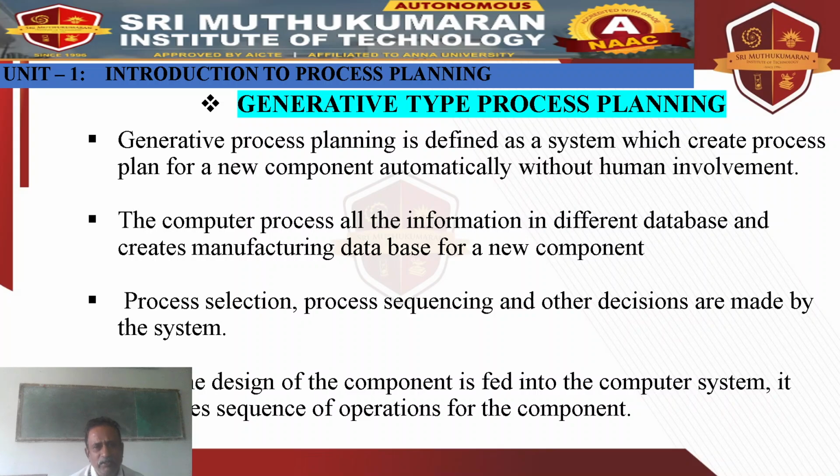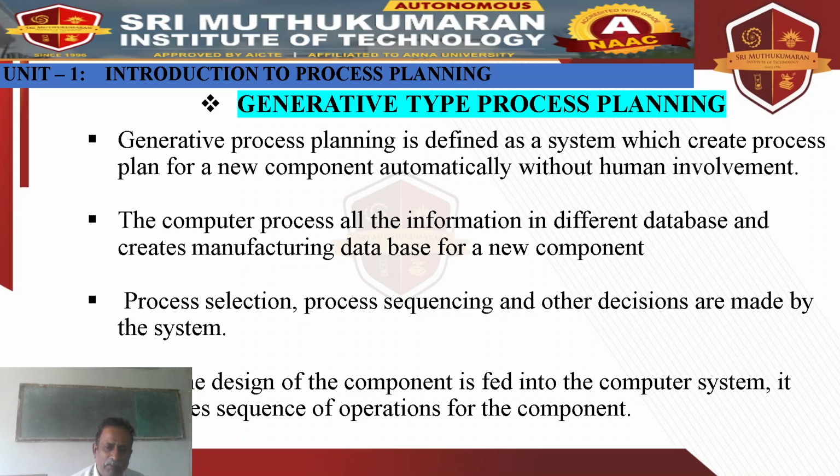So, generative type process planning. It is defined as a system which creates a process plan for a new component automatically without human involvement. The computer processes all the information in different databases and creates a manufacturing database for a new component. The process selection, sequencing of the process, and other decisions are made by the system.